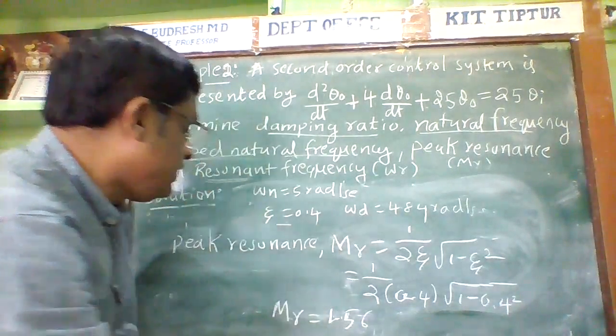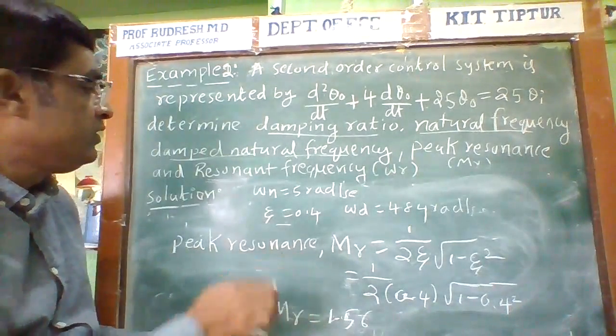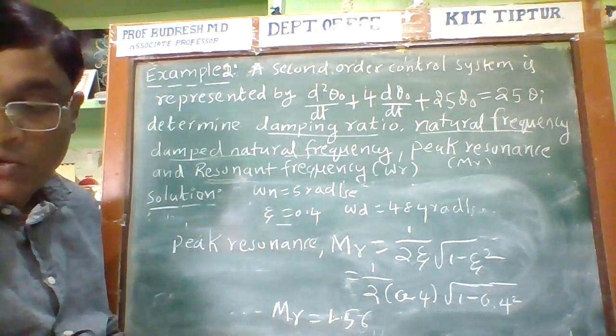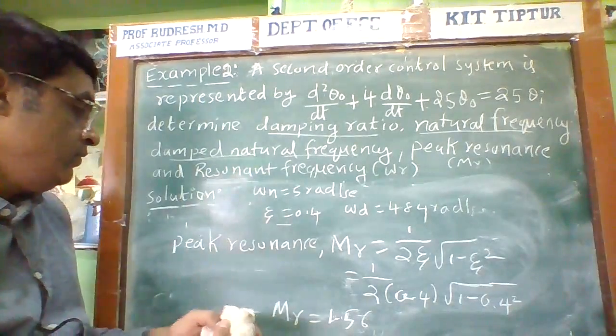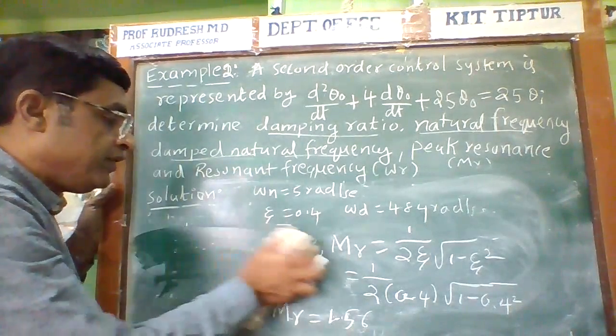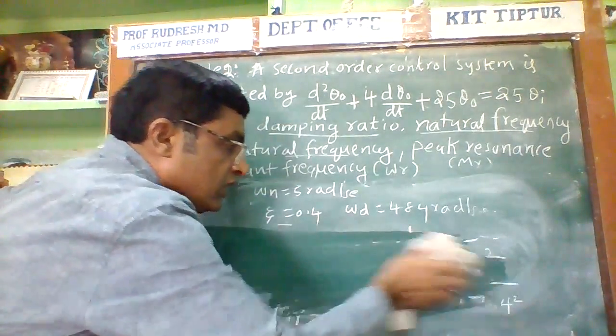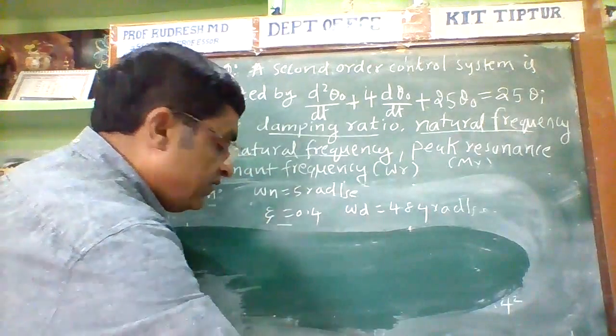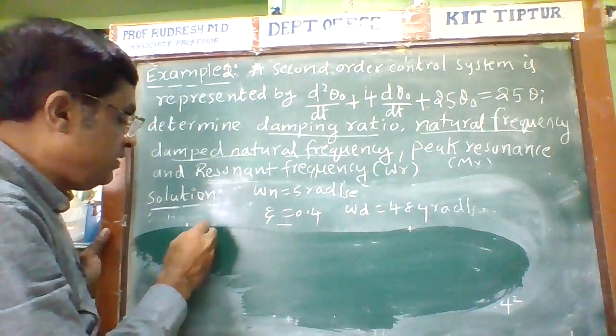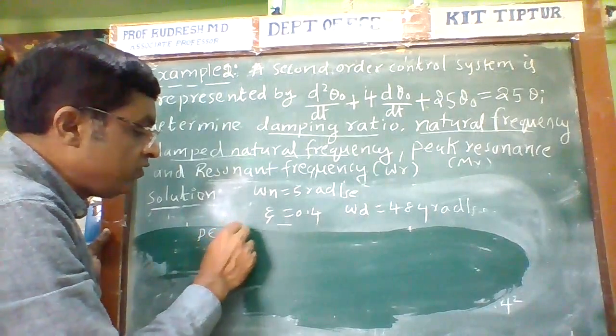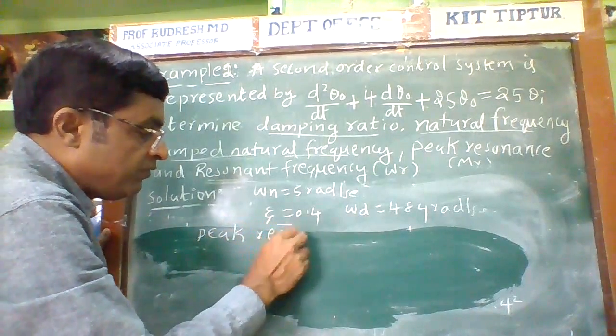Similarly, next we need to calculate the resonant frequency, omega r. Omega r is called the peak resonant frequency.